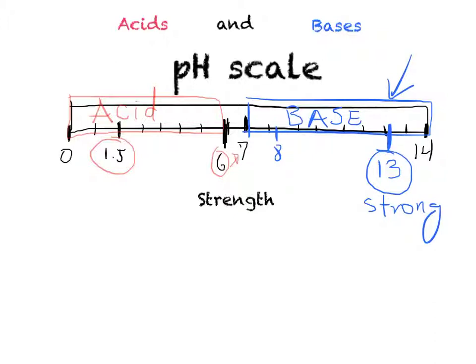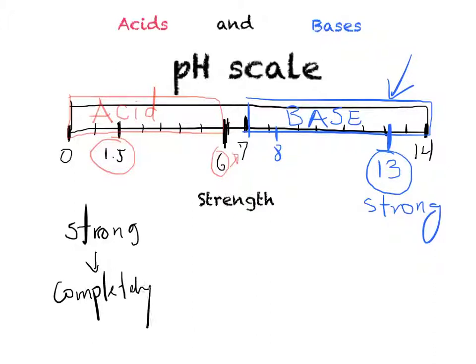But why is this important? Well, knowing that you have a strong acid can help you predict how this acid is going to dissociate into water. If you have a strong acid, it's going to dissociate completely. And in the same way, if you have a strong base, it's going to dissociate completely.